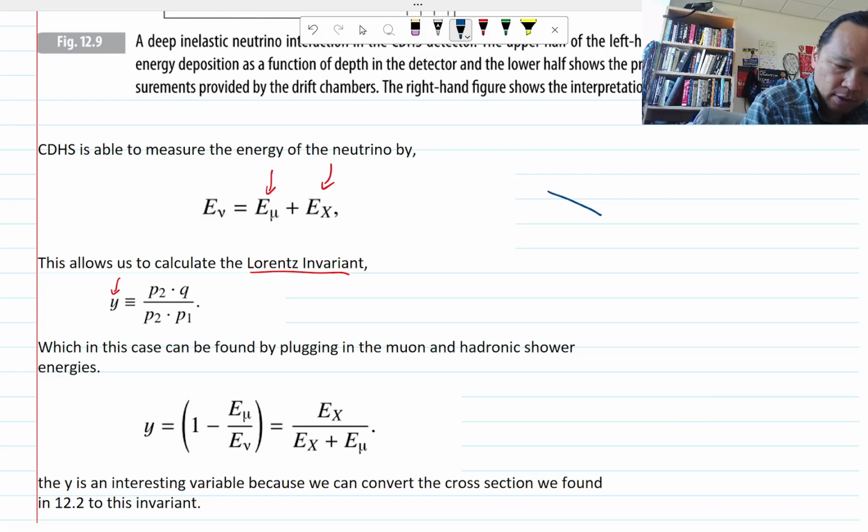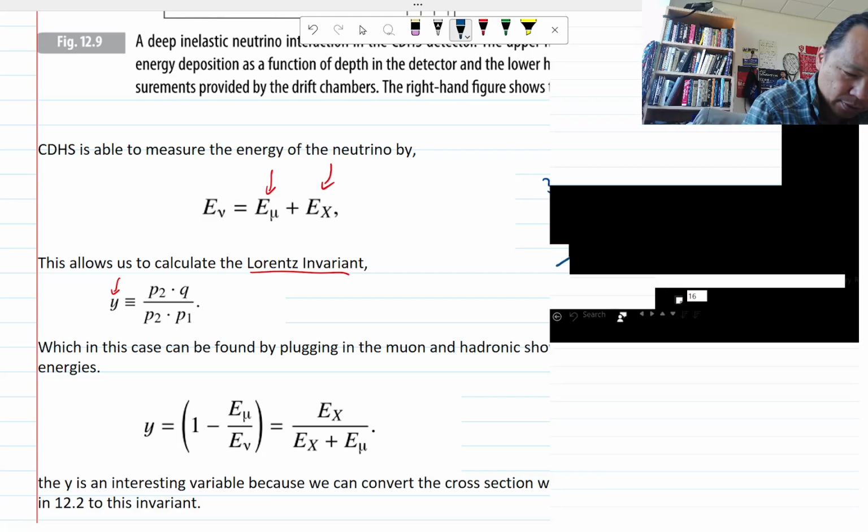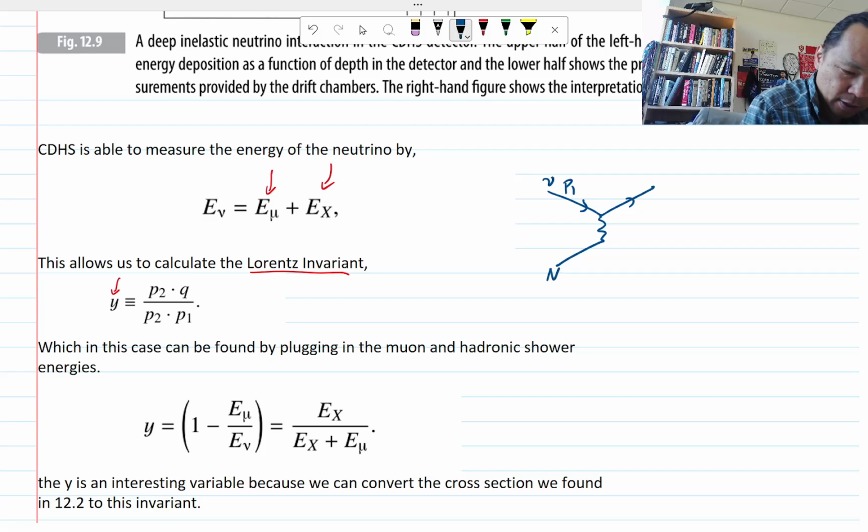So you have your neutrino coming in. That's P1. And your proton coming in, proton or neutron, whatever it is, it's actually a nucleon. They actually don't care which one it is. That's considered P2. We're going to use this in the rest frame.